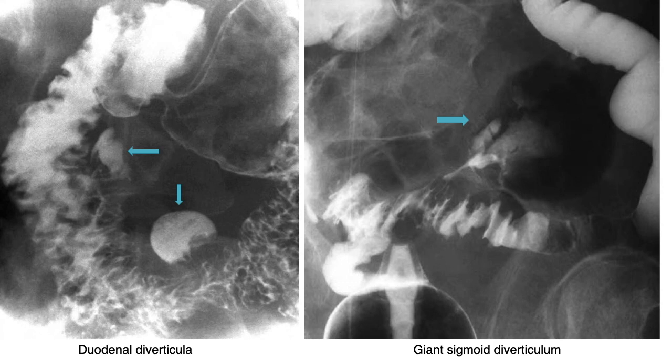This is another type of diverticulum, a duodenal diverticulum. You can see it very clearly with the arrow. And then on your right you see the giant sigmoid diverticulum.